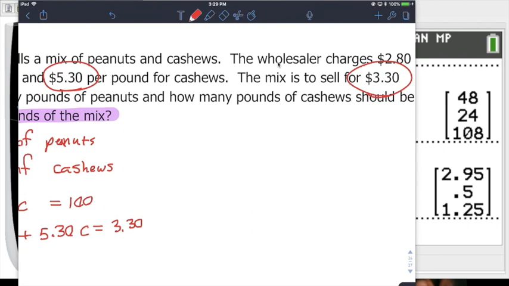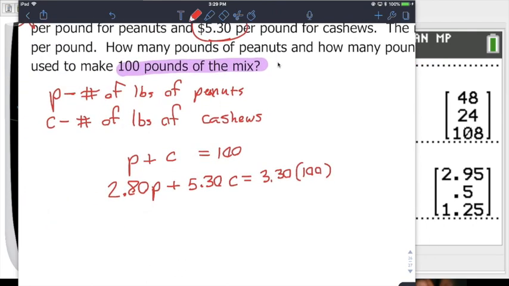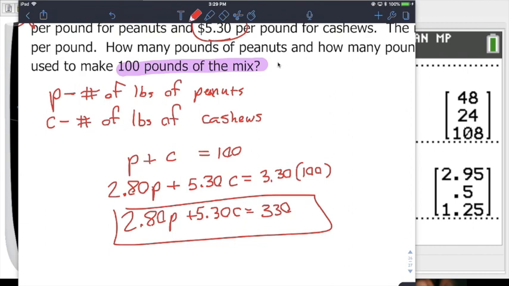The total cost is $3.30 times the 100 total pounds that you're going to get. So that slightly changes that number. Our real equation for our matrix is going to be 330 dollars. This will be your equation, and this will be the other equation.